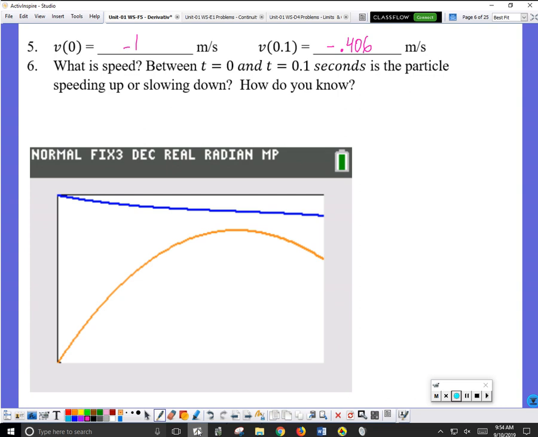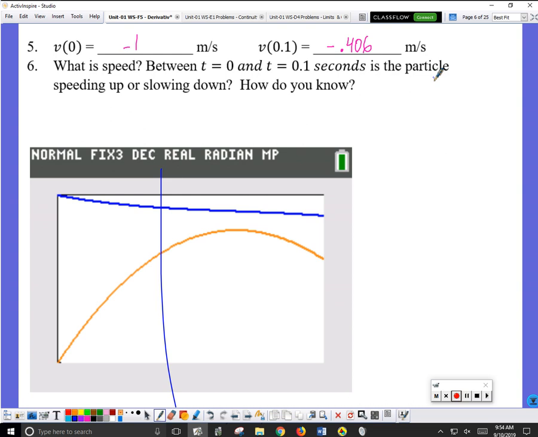Awesome. Okay. So it says here, between time 0 and time 0.1 seconds on this graph, and 0.1 seconds is about right here, is the particle speeding up or slowing down?